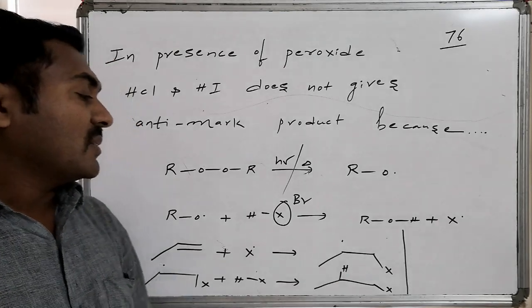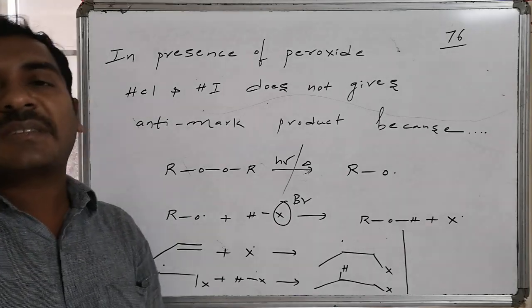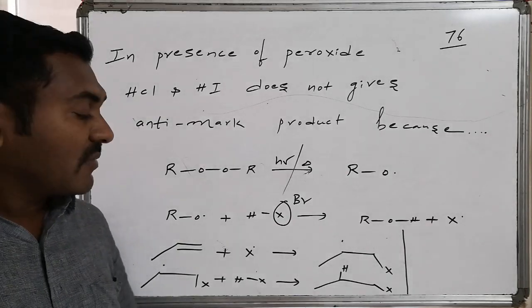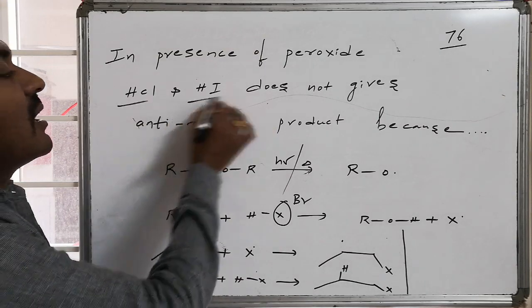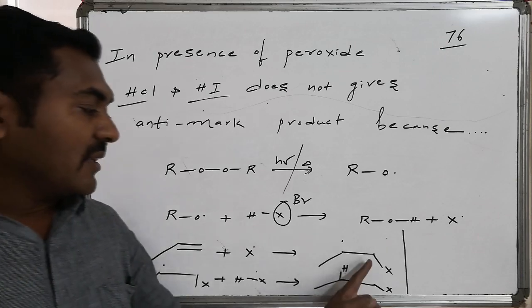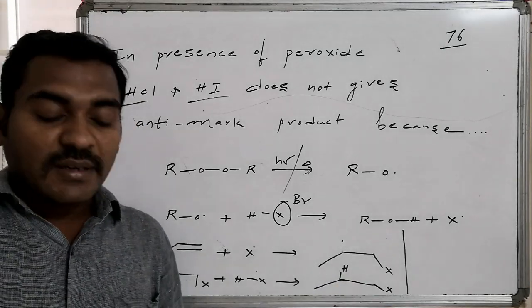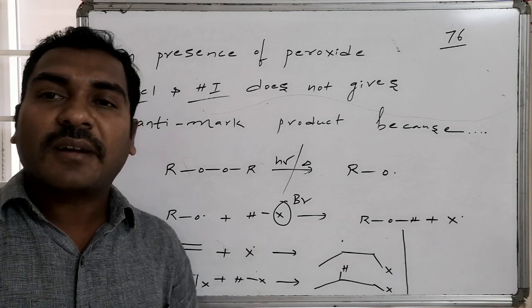So therefore, this particular anti-Markovnikov addition product formation is not possible whenever addition occurs either with respect to HCl or with respect to what? HI conditions. Once again, to conclude, these two steps are the deciding steps to decide whether the reaction is occurring or not occurring.